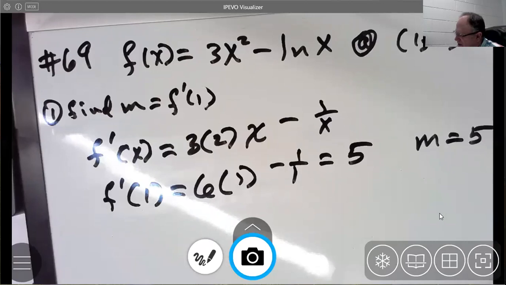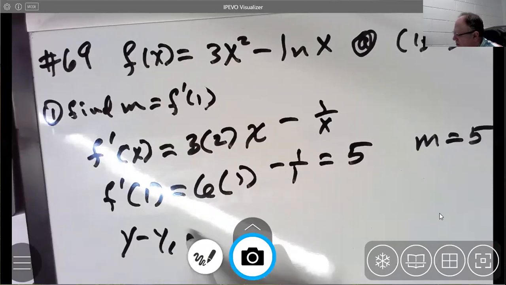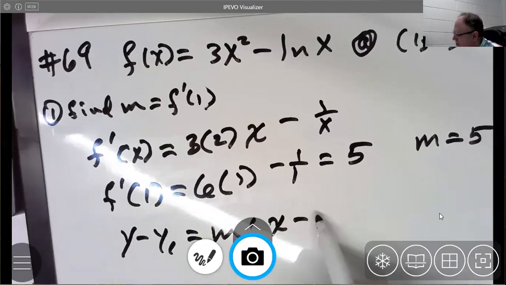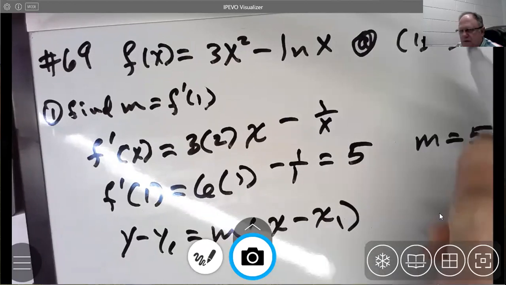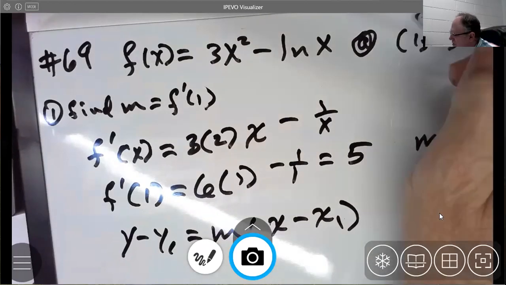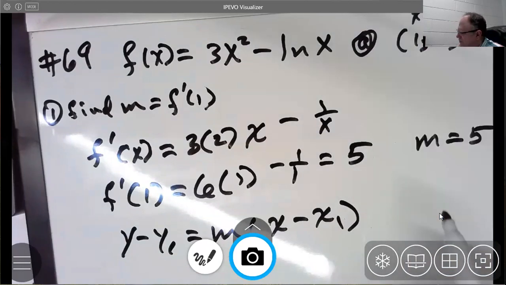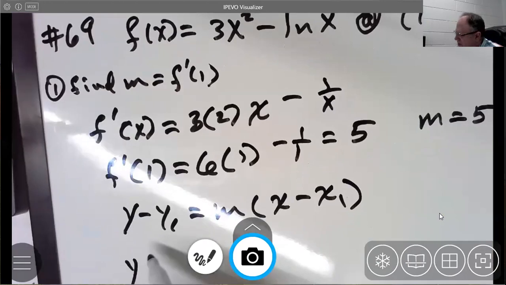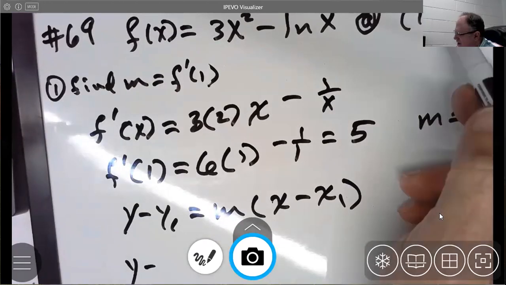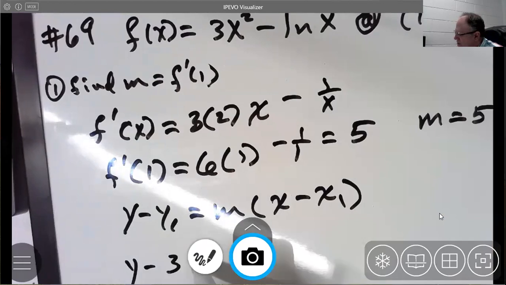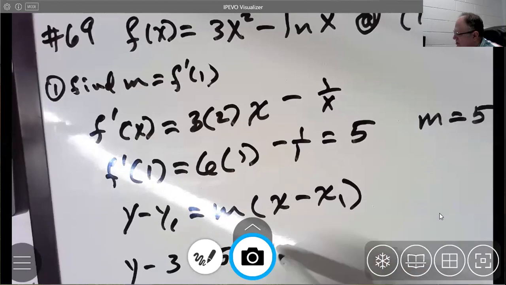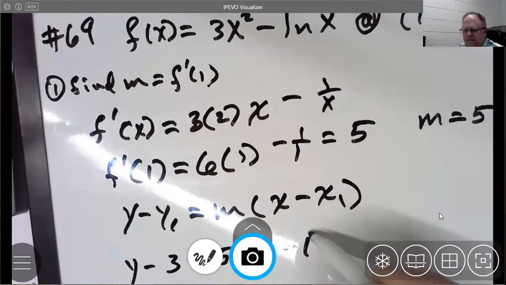Okay, so from here we apply the point slope equation, y minus y1 equals our slope times x minus x1. So here our x coordinate is 1, our y coordinate is 3. So we're going to put in y minus 3 equals our slope, which is 5, times x minus 1.